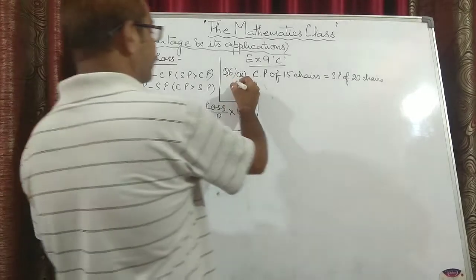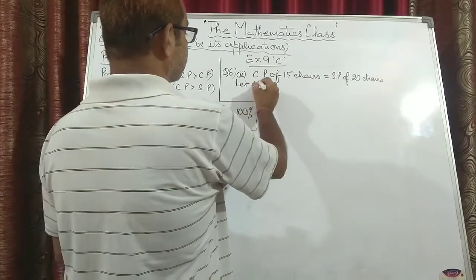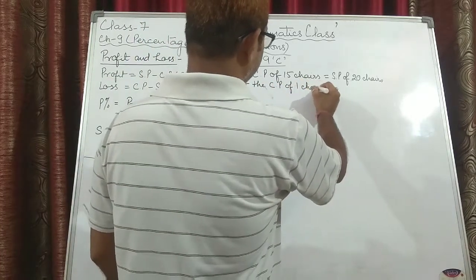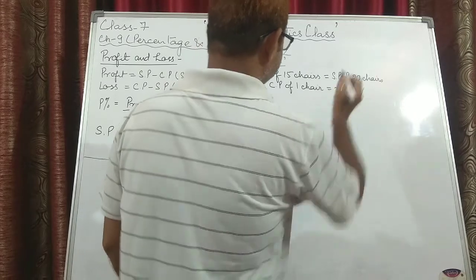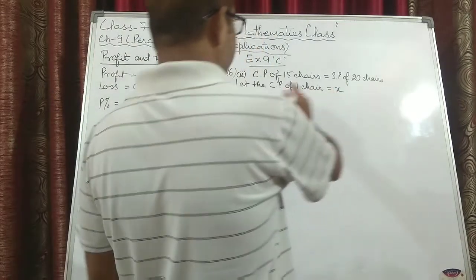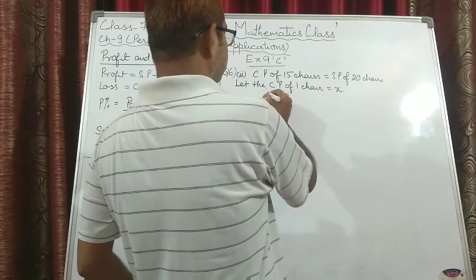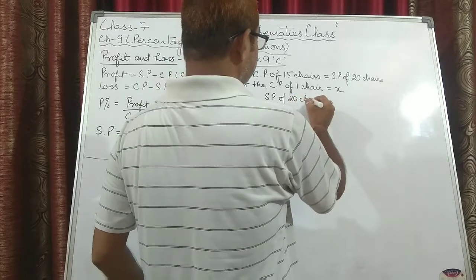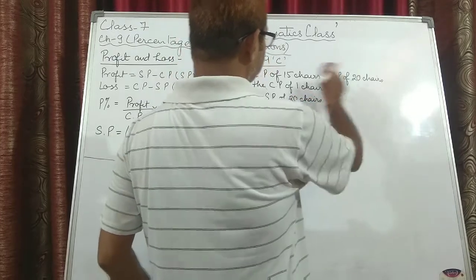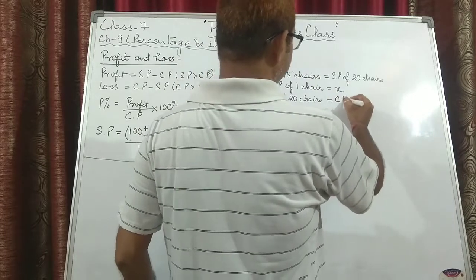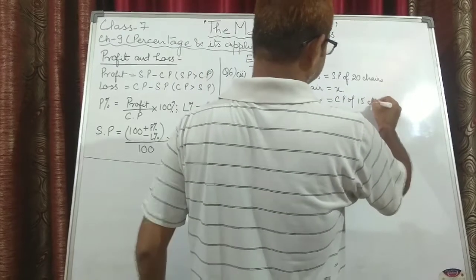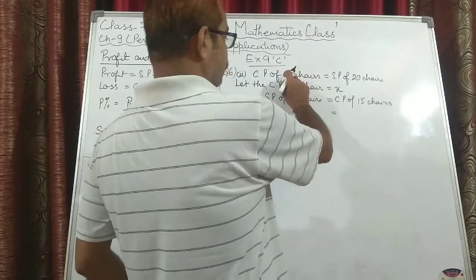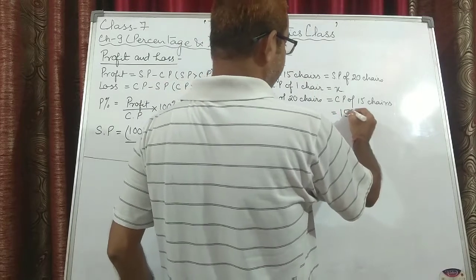Again here also we will assume, let the cost price of one chair be X. It is given that the selling price of 20 chairs is equal to the cost price of 15 chairs, and the cost price of one chair is X, so the cost price of 15 chairs will be 15X.